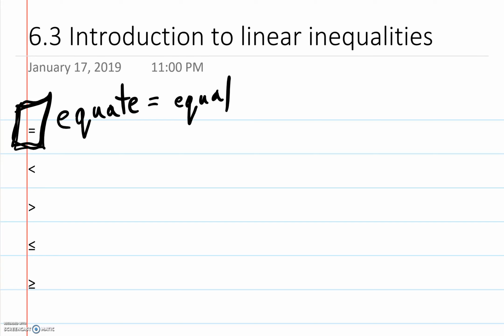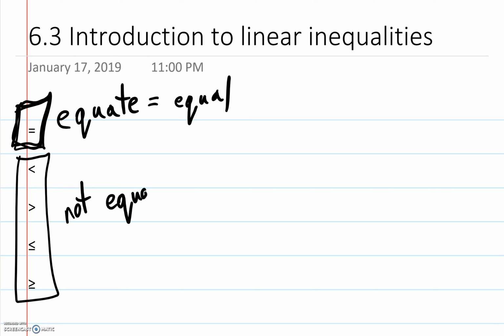Whereas inequalities are the opposite of that. They're not equal sides. One side of the equation is bigger or smaller than the other.